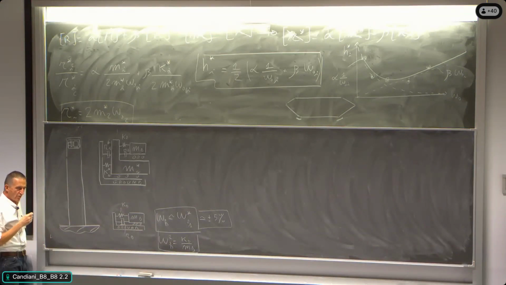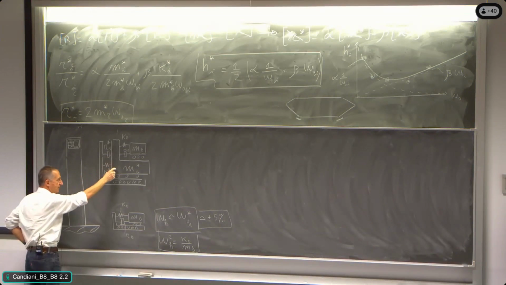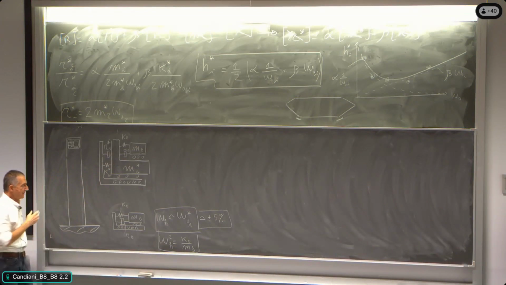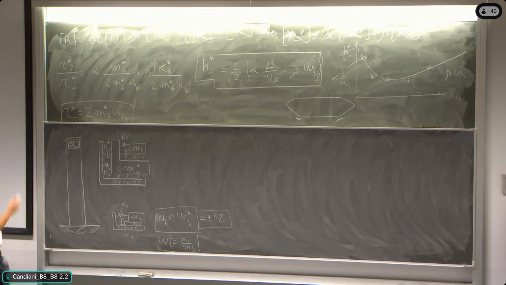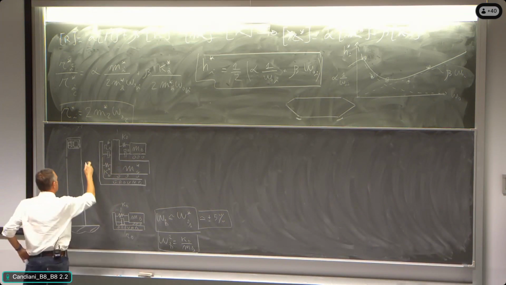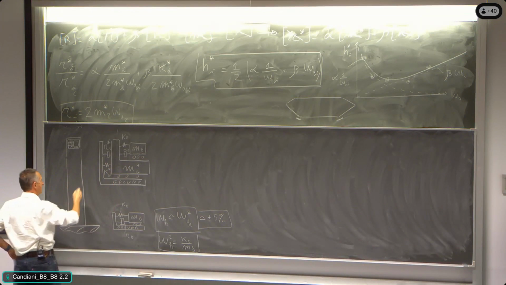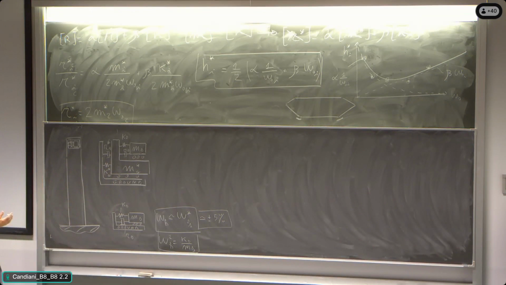So we want that, in this very simple modeling, the movement of the mass m star 1 is the movement of the top of the building, all right? And so the point is that we have to refer to the first mode of the structure.